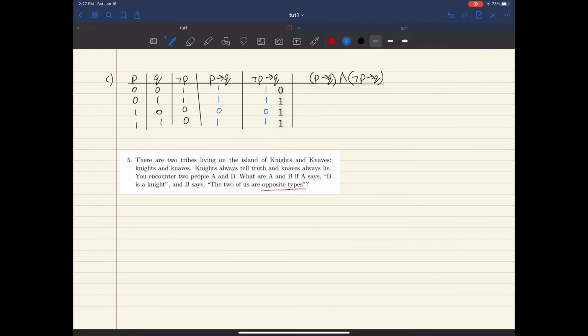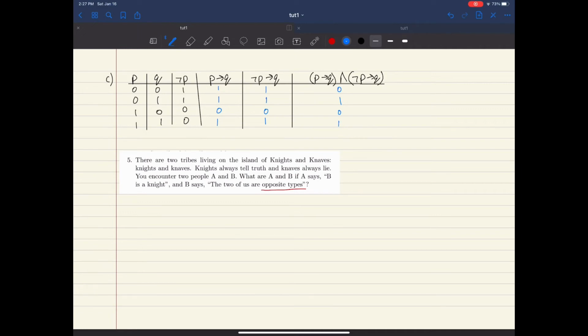It should be 0, 1, 1, 1. And for P implies Q and not P implies Q, it's a simple AND of these two statements. It's 1 when they are both 1, and otherwise it's 0.